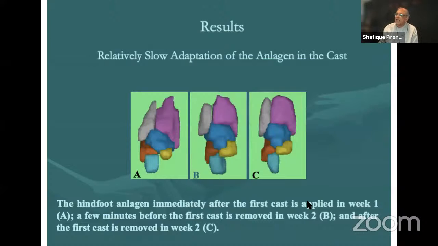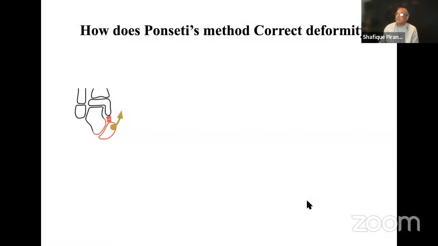And this tells us that very little actually happens to the tarsal anlage in the cast. What actually happens is that the tissues we don't see, the ligaments, et cetera, become more supple, although exactly how that happens is unclear. In any case, it leads to this series of diagrams.